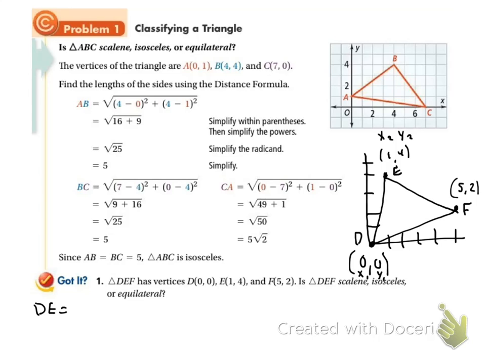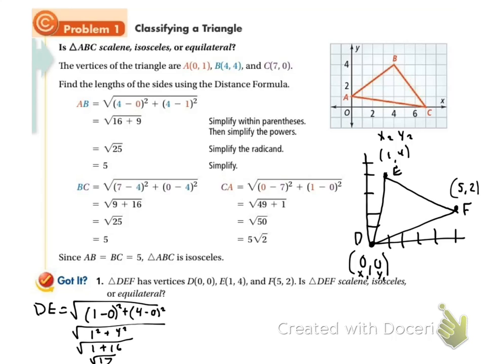So square root of my X2, which is 1, minus my X1, which is 0, squared, plus my Y2, which is 4, minus my Y1, which is 0, squared. So that's the square root of 1 squared plus 4 squared, which is 1 plus 16, which is square root of 17. We're just going to leave them in our square roots. That'll be easier to compare, and we don't have to mess with decimals.